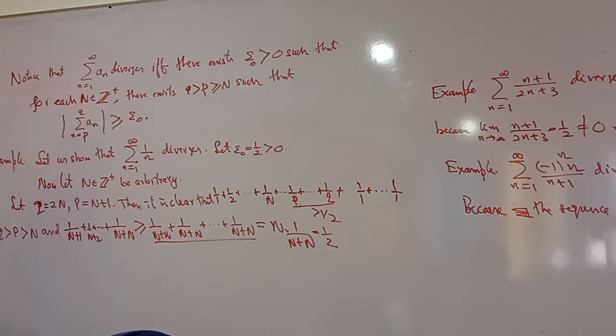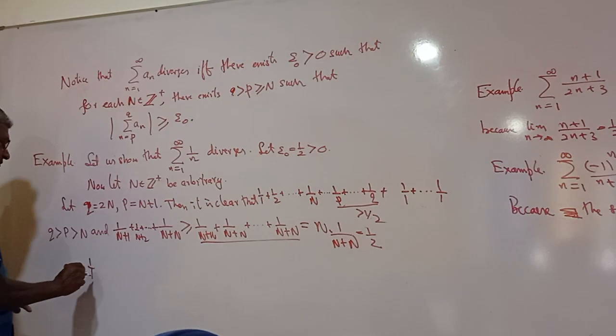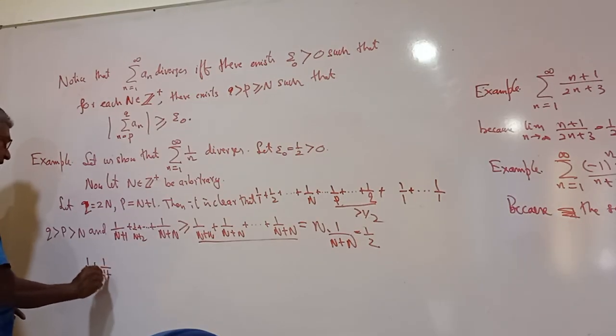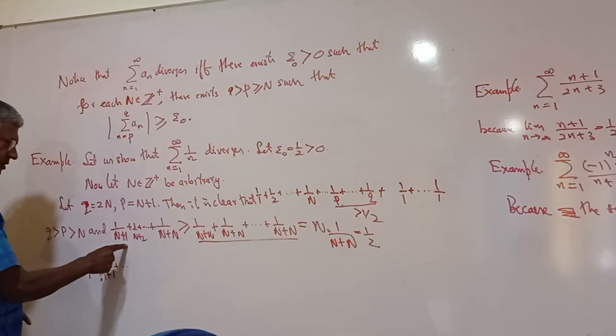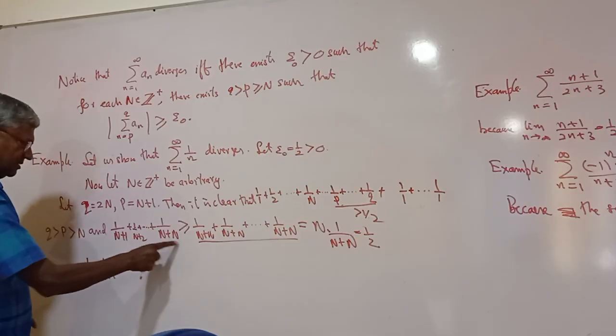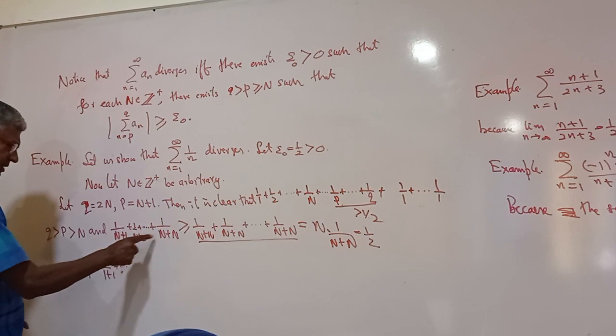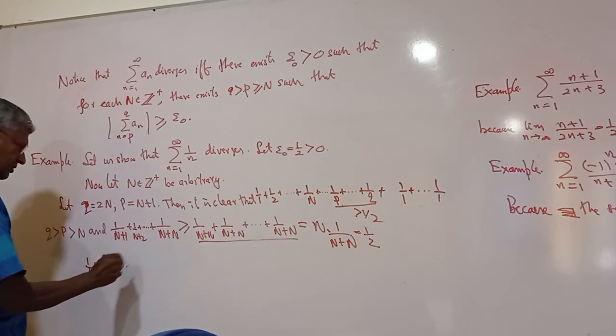So, done. What this says is, from wherever you begin, if n is 1, you have 1 over 1 plus 1, 1 over 2. That's it.